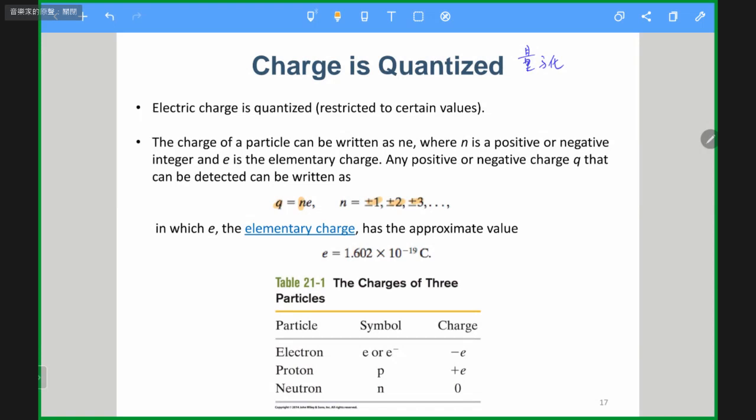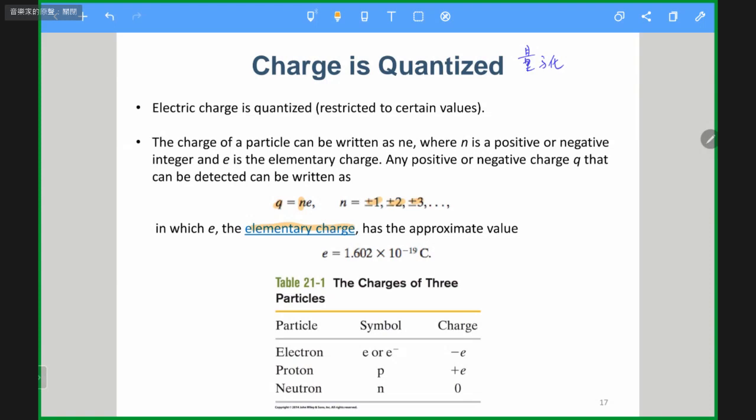But of course, what is e? e is the elementary charge, 单位电荷，或者是基本电荷, which means an electron has this charge amount, of course, on the negative side.